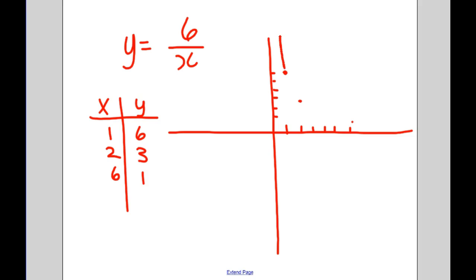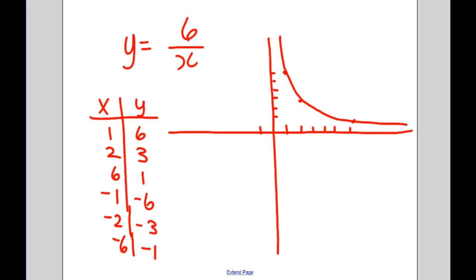Okay, so we have what this picture is going to look like, and then I could do the negative versions of these also, right? So if this was -1, this would be -6. This was -2, -3, and if this was -6, it'd be -1.